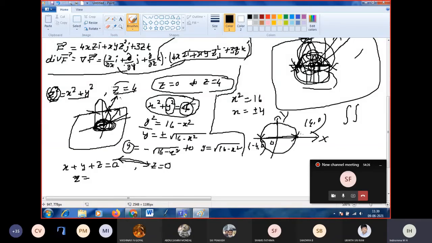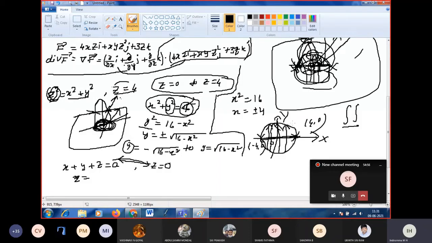How we got minus 4 to 4: here I am putting x equal to 0, y equal to 0, because along the x-axis I am taking the constant limit. Now I want to take the y variable, which you should take inside the region. I cannot take it as 0. It should vary like this, then only it covers the whole circle.